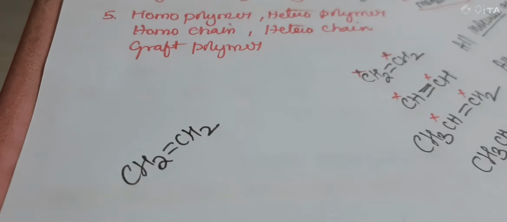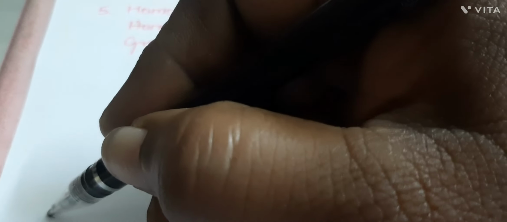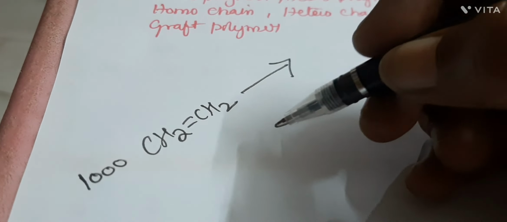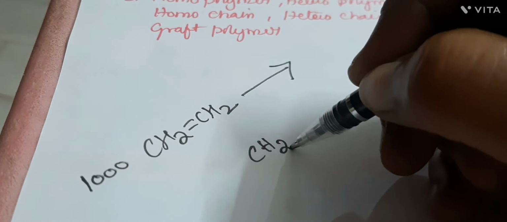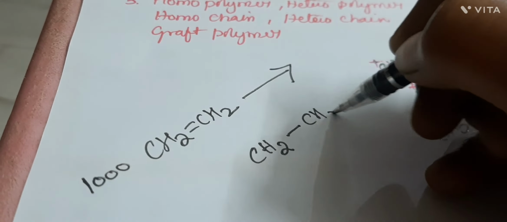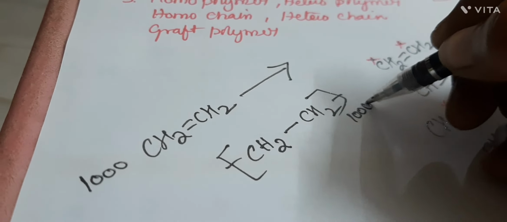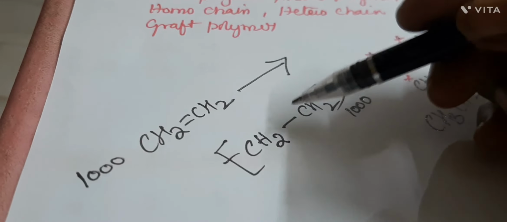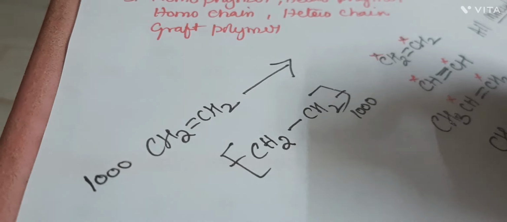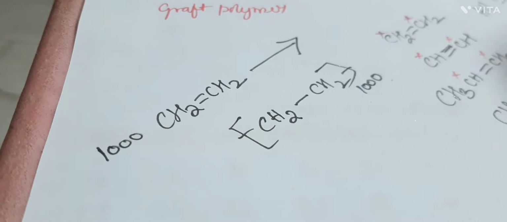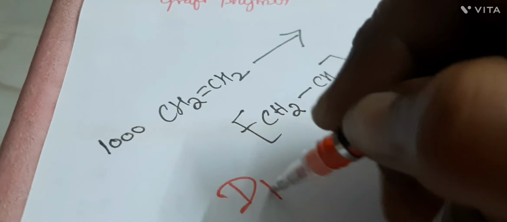I am taking 1000 molecules of ethylene, which are polymerized to give polyethylene. Polyethylene is represented like this: CH2, single bond, CH2, and this unit is repeated 1000 times. So the number of repeating units, or number of monomers present, is 1000. That is known as degree of polymerization, DP.